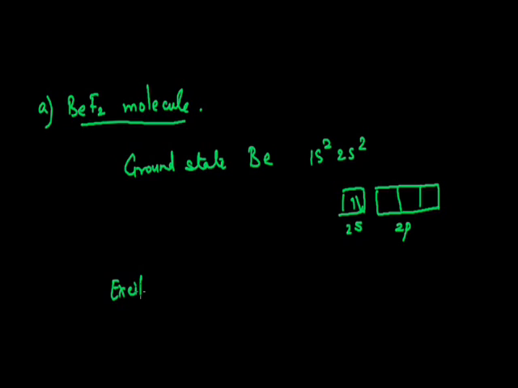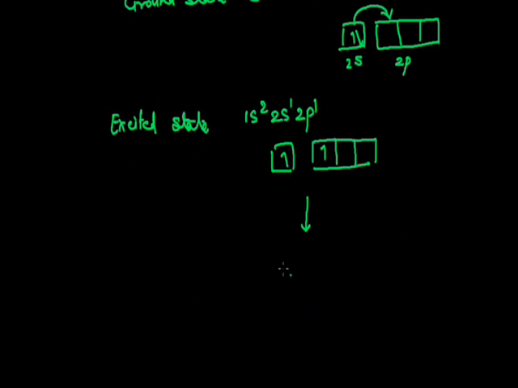But in the excited state, one of the 2s orbital electrons gets excited to 2p orbital, leading to the configuration of 1s2, 2s1, 2p1, which can be represented like this, forming the hybridized orbitals like this.